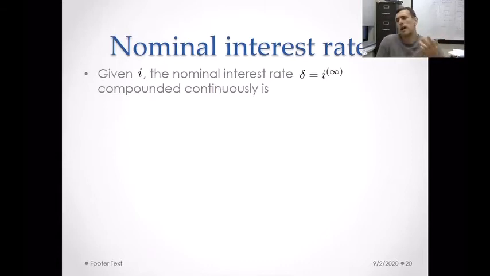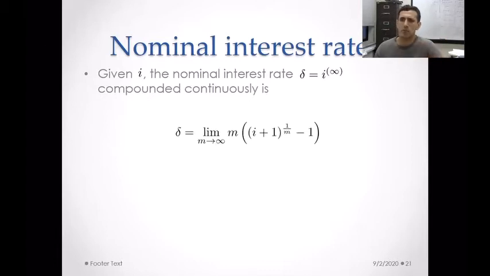You might want to compound interest per minute, every second, et cetera. The nominal interest rate that we get when m gets larger and larger, we denote by delta. You could denote it as i superscript infinity, but that's kind of weird to write everywhere, so we like to denote it by delta.